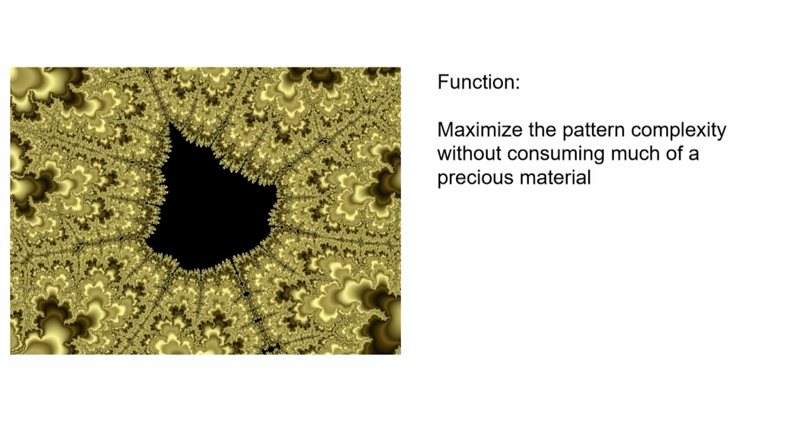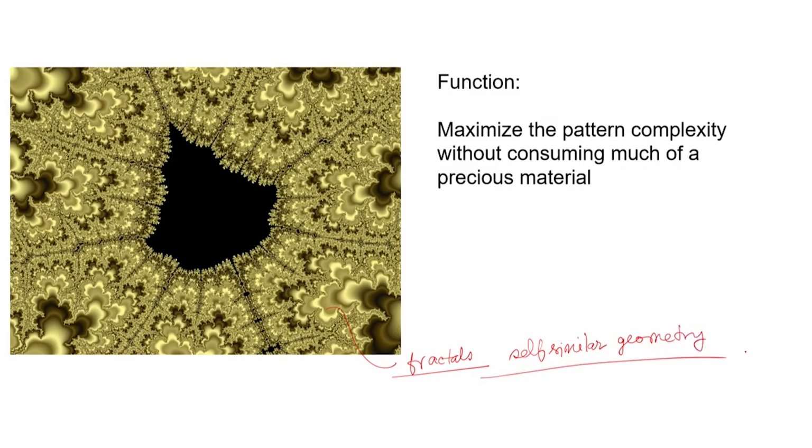This is an example of an ornament decoration. Now, what you see here is something which is called fractals. Fractals are also examples of self-similar geometry, from a bigger scale to a smaller scale. Okay.